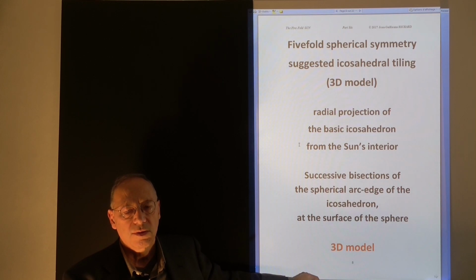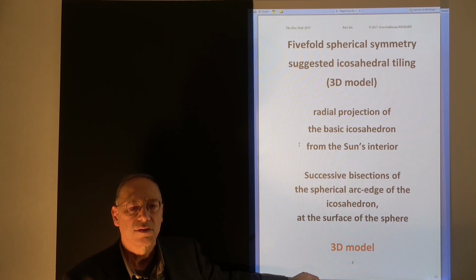Now that we saw how the observed approximate size scales of solar cells can be seen at the solar surface in a 3D model, now we will see how theoretical regular dissection of the solar sphere, its two-dimensional surface, can reconstruct approximately this observed hierarchy.